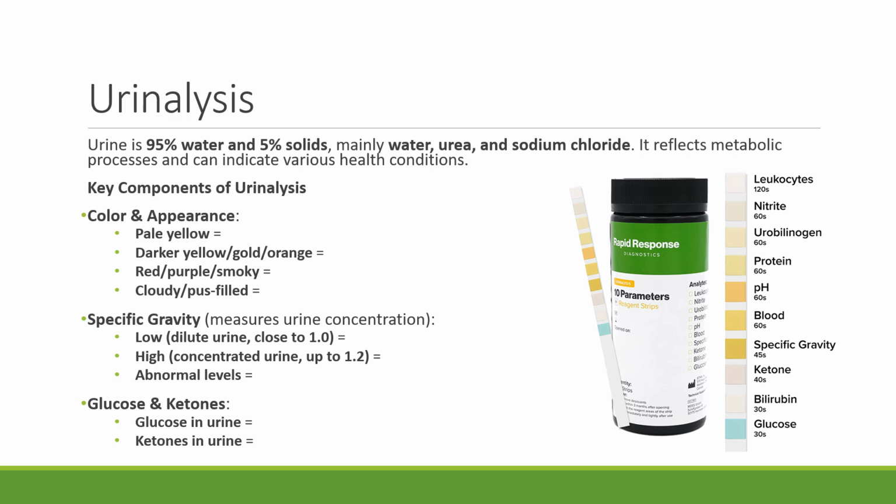Glucose in urine is an indicator of high blood sugar, like diabetes mellitus. Ketones in urine indicate inadequate glucose metabolism seen in diabetes or starvation. Urinalysis helps diagnose kidney function, metabolic disorders, infection, and hydration status.